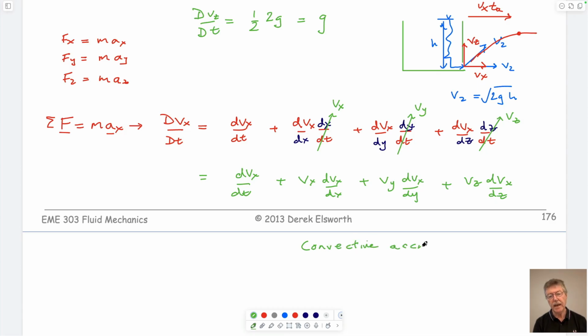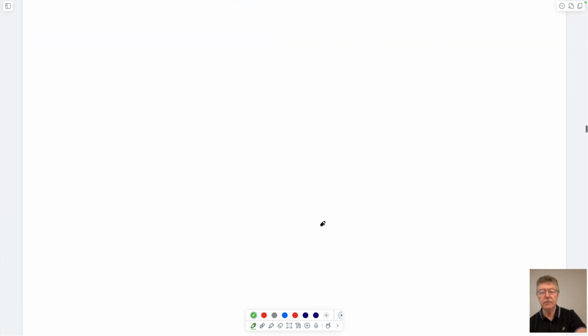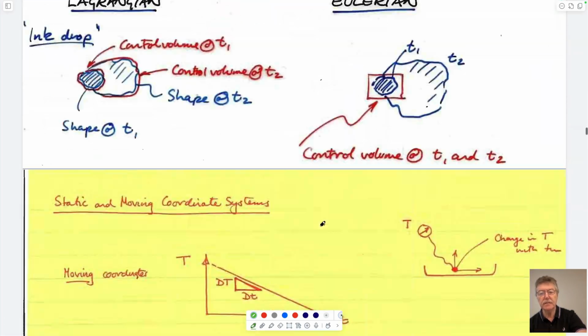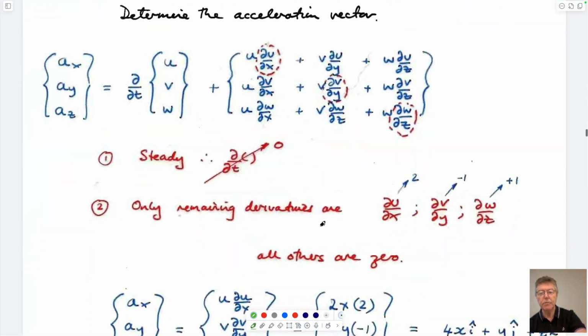Each one of these is convective acceleration in x. If we have time, we'll do a quick example. I'll come back in a second to make that point. But there's an example in the bottom.